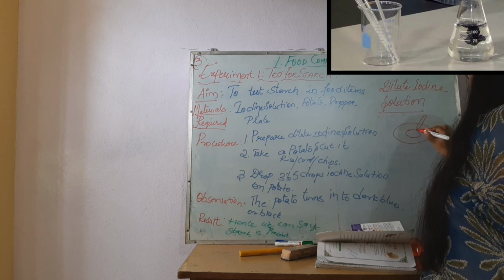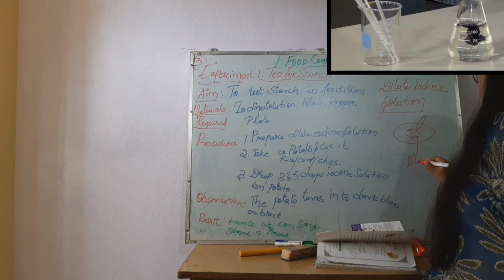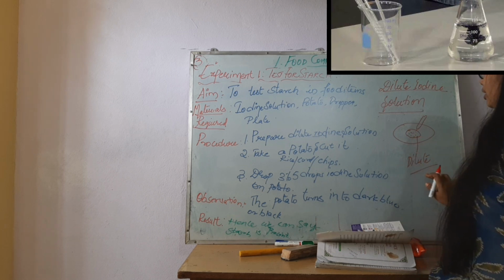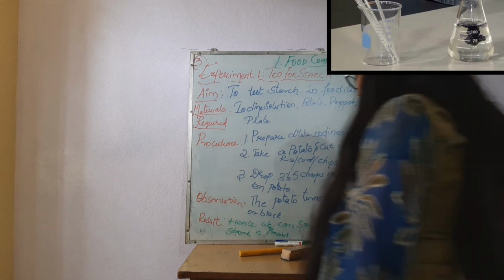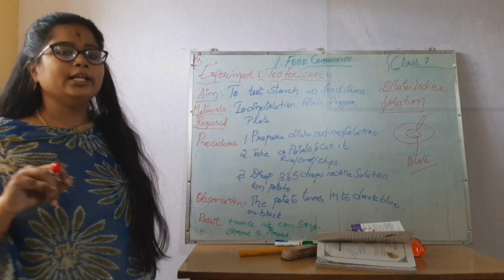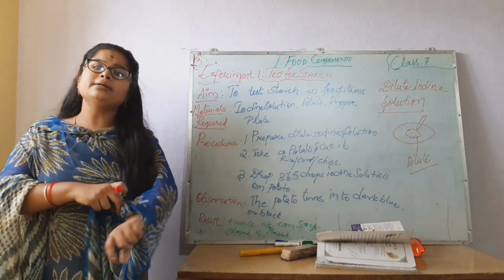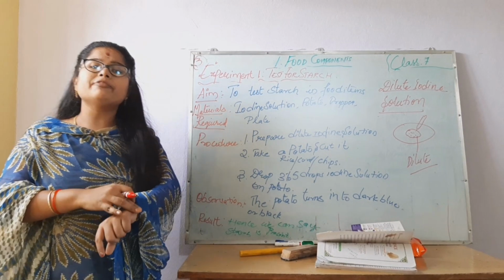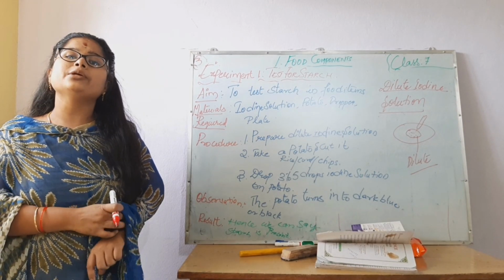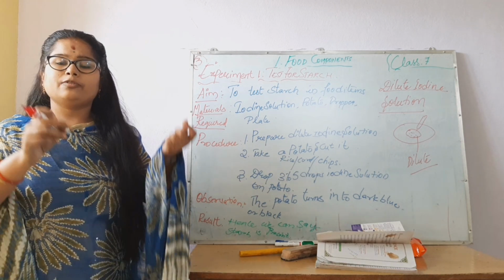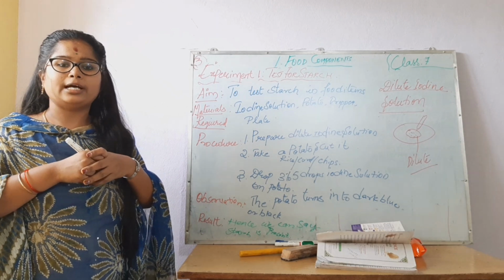It becomes dilute. Dilution is very, very important in all chemistry experiments. Concentrated is something different from dilute. If you add water to it, it becomes dilute. If a tablet is there, if you add water to the tablet, it becomes diluted. If you add water to something, it becomes dilute.